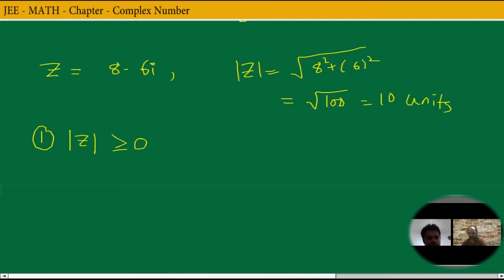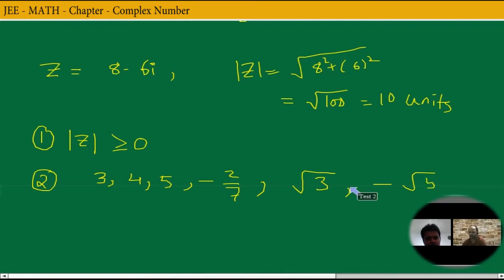Now let's come to the next concept. If I tell you a few numbers, 3, 4, 5, -2/7, √3, -√5, all these numbers are which type of numbers?